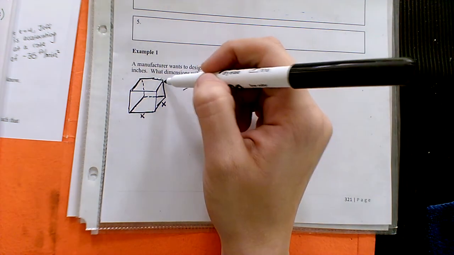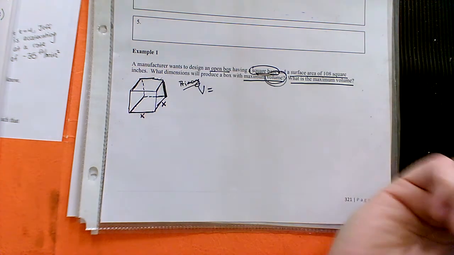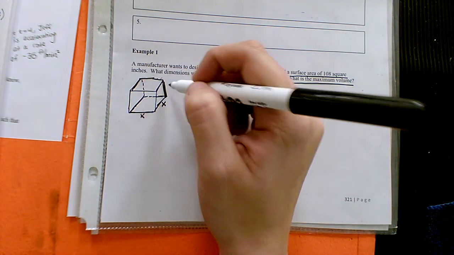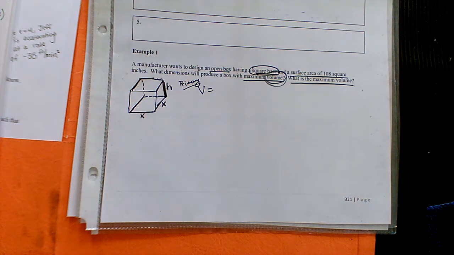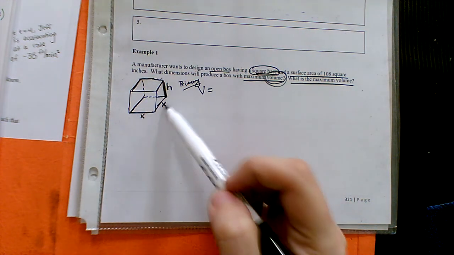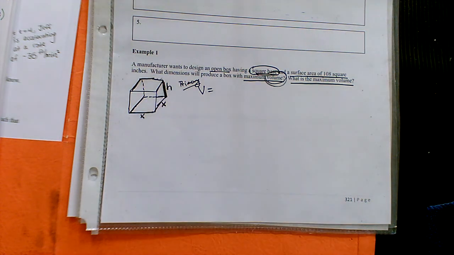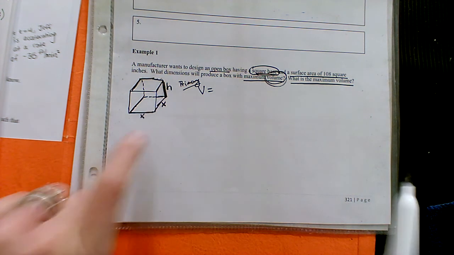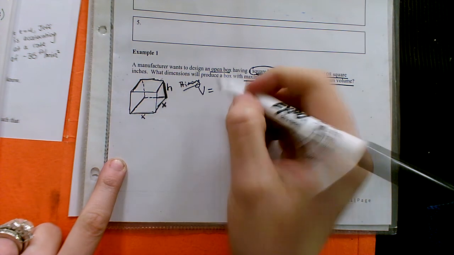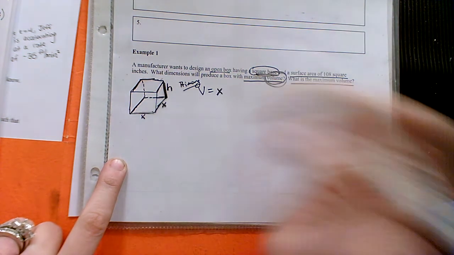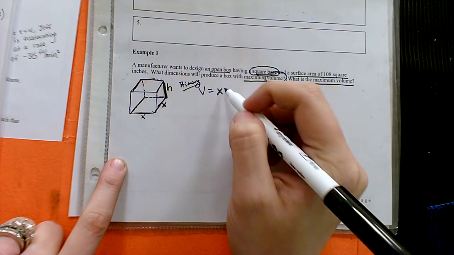What can we label the height of the box as? H, y, okay, different variable, doesn't matter. We can't label it x though, because then we would be assuming it's the same length, and it might not be. We just know that the base is a square. So for volume, length times width times height, we'd have length of x, width of x.